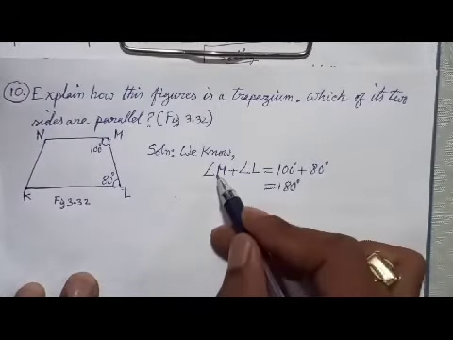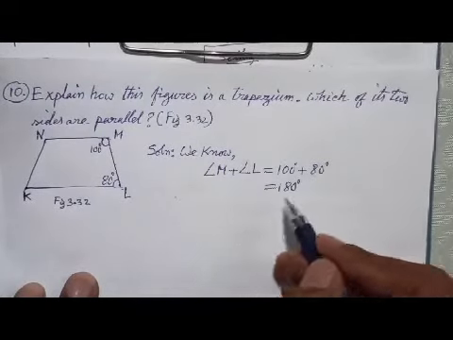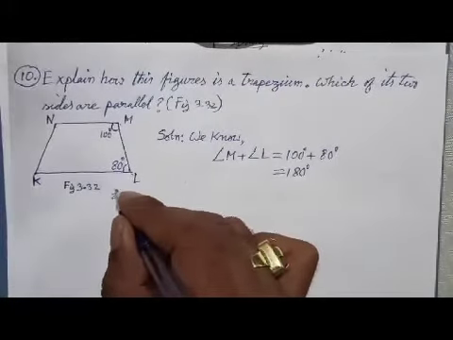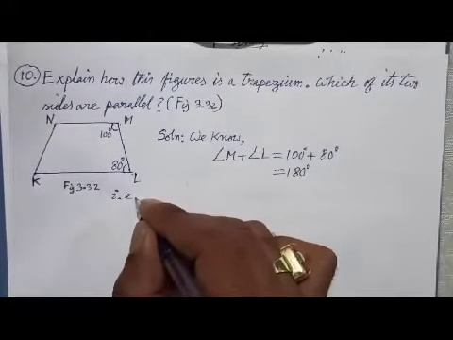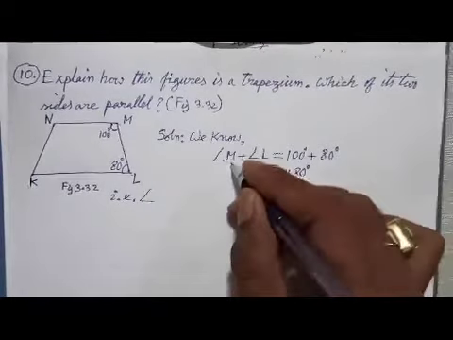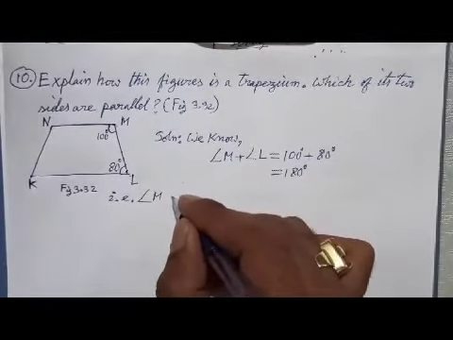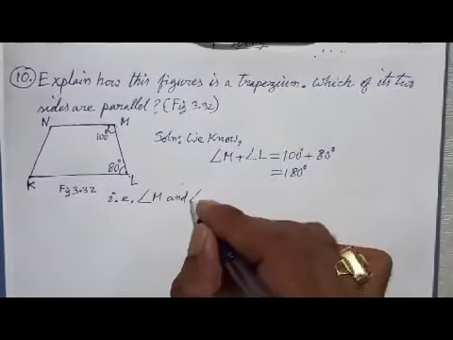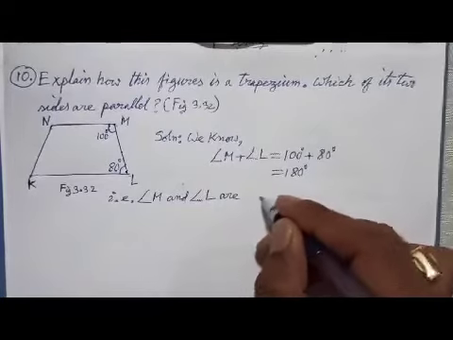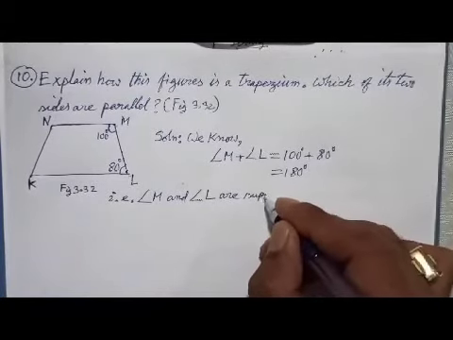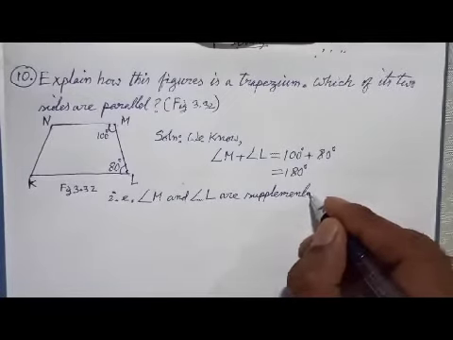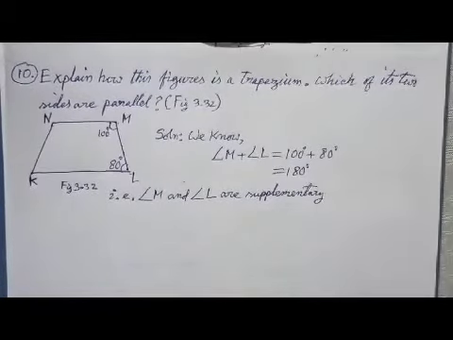That means angle M and angle L are supplementary. Supplementary means the total angle is 180 degrees.